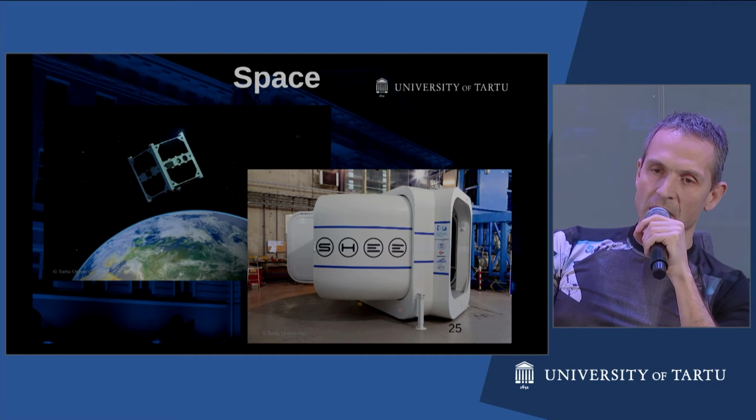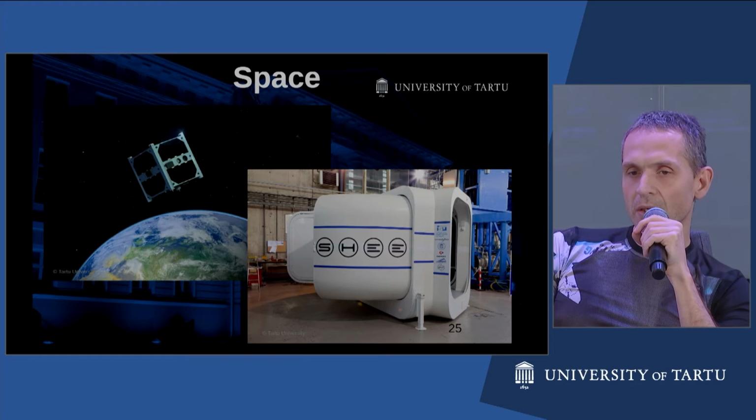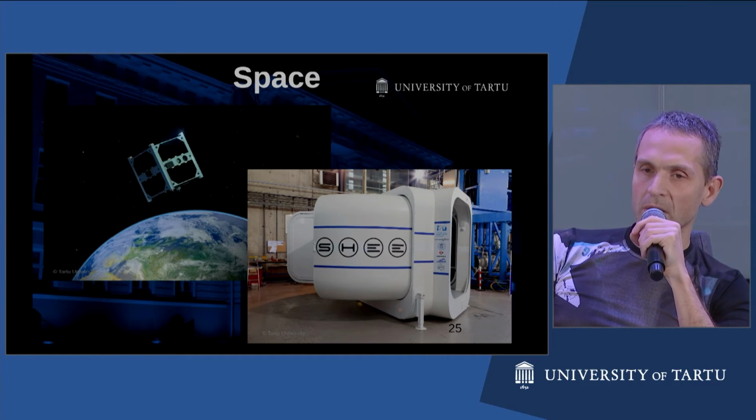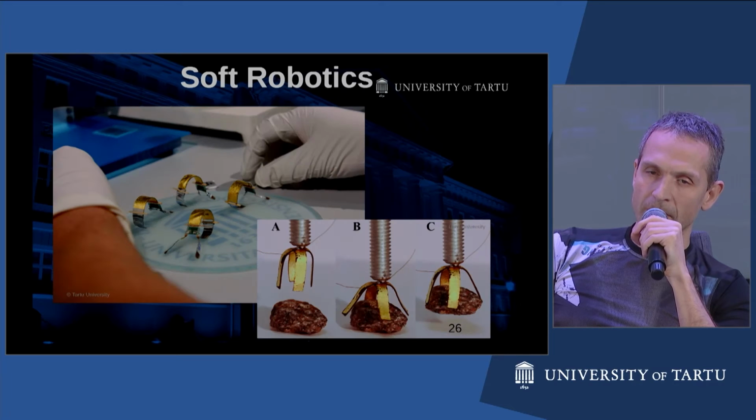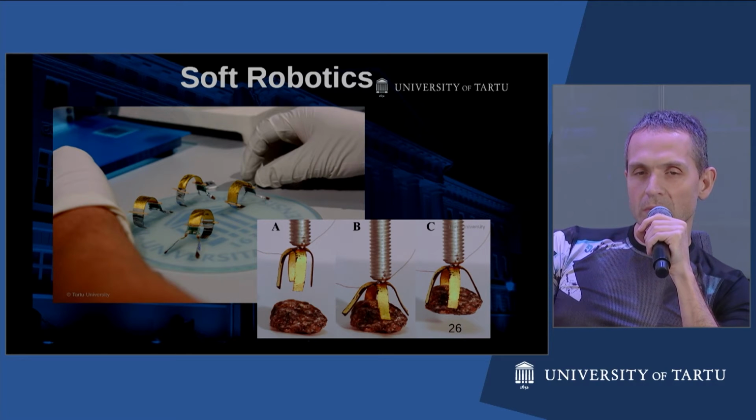Also, our engineers have developed a house for Mars. It's the size of a sea container, and it can spread out on its own, and people can work there where the environment is not friendly for humans. This is what we call soft robotics.